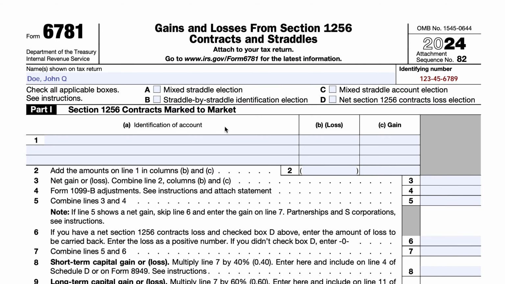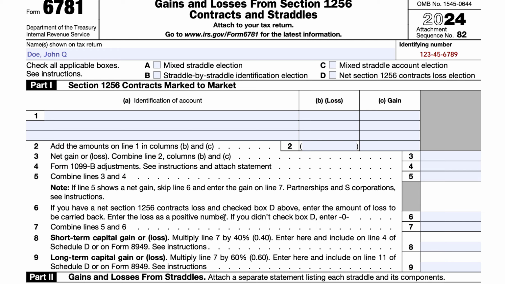Under Section 1256 rules, you normally have to categorize a certain percentage of capital gains as short-term, and a certain percentage of capital losses or gains as long-term. That's the mark-to-market rules. So if you have a mixed straddle election, you can choose not to have the mark-to-market rules apply.